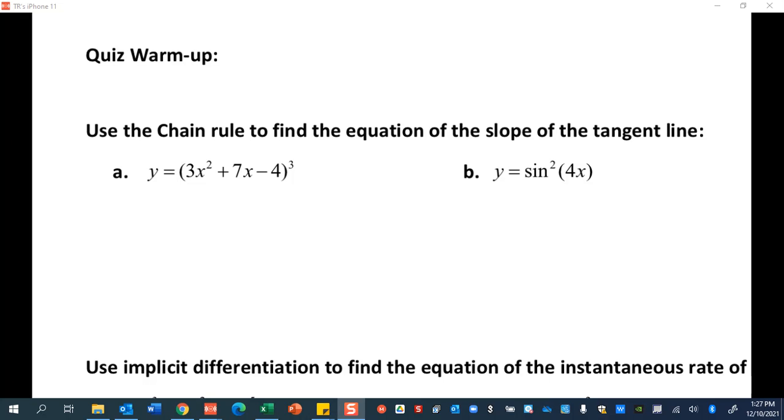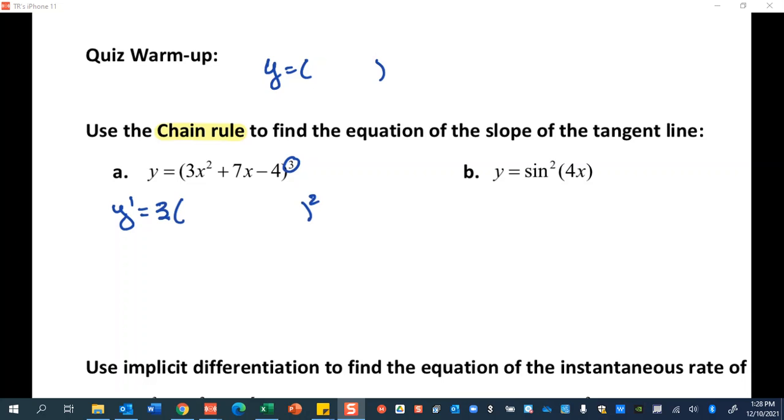All right, quiz warm up. Chain rule. Chain rule I have to use when I have a function on the outside and then a function on the inside. So my first idea here is that this 3 comes out front, and then whatever was on the inside is to the 1 less power.